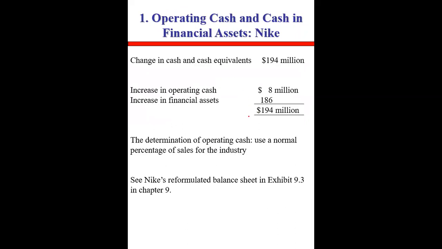Okay, so we have learned that we can find out the allocation of cash between operating and financing. So how can we find out the allocation of cash into the operating cash and the financing cash?